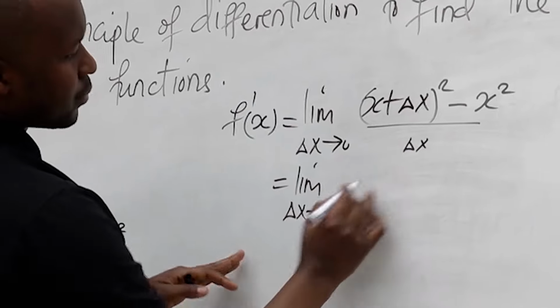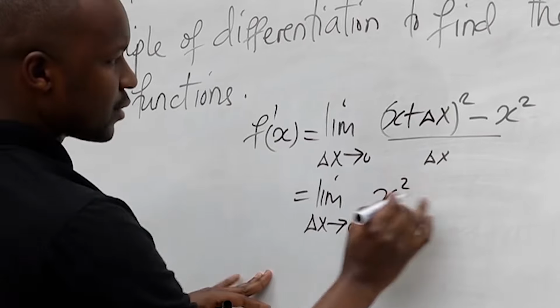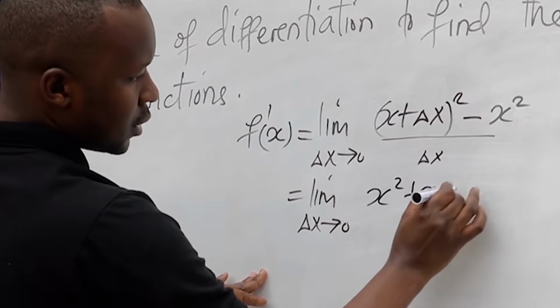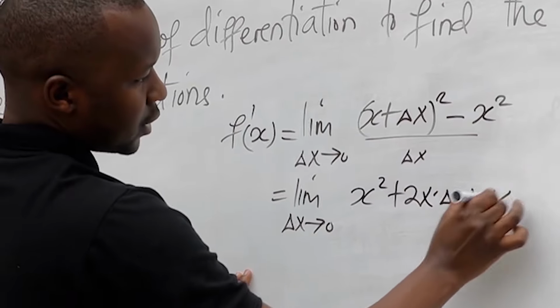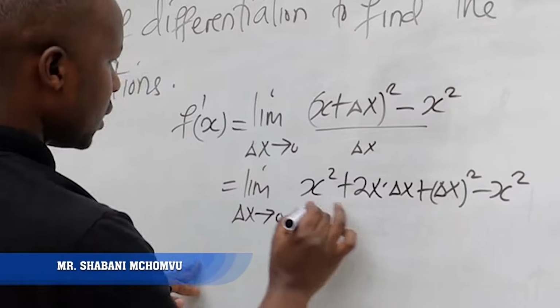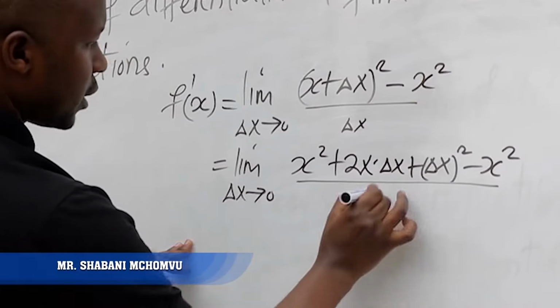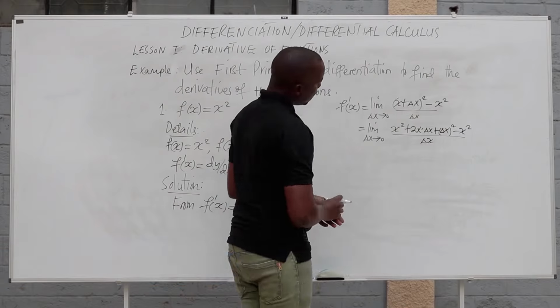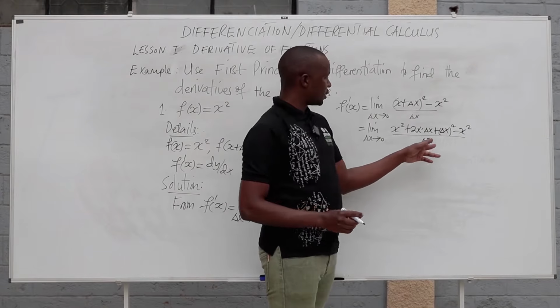Once you expand, we'll have the result x squared plus 2x change in x, plus change in x squared. Then we minus our normal x squared. Now the whole thing, we divide by the change in x. So the concept here is to simplify this change in x.